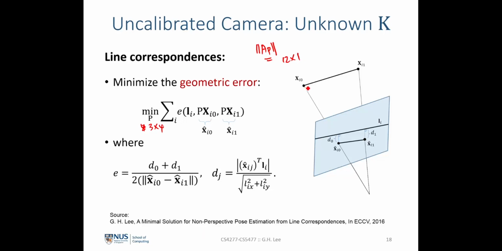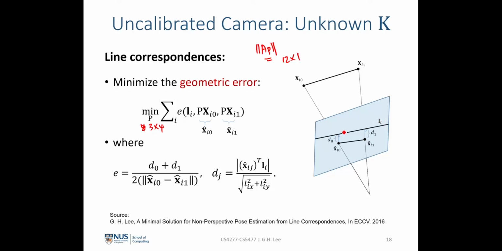So given a 3D line that is defined by the two endpoints xi0 and xi1 over here, we can reproject these two endpoints back onto the image, where this reprojected endpoint is given by x hat i0, that is directly computed from P multiplied by xi0, and we can do the same projection of the second 3D point onto the image. And what we want to do here is that we know that the observed 2D line is given by this line over here, that we represent as Li over here.